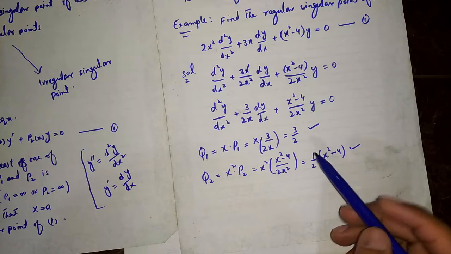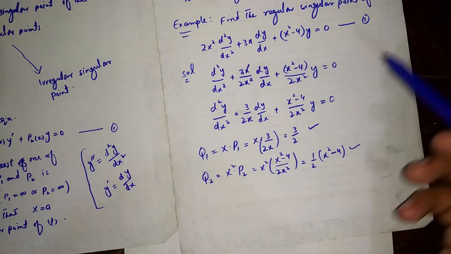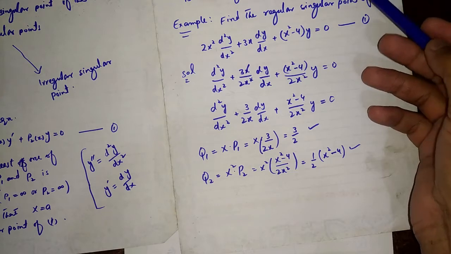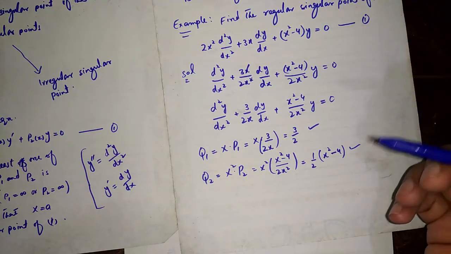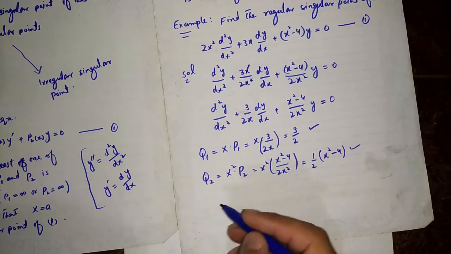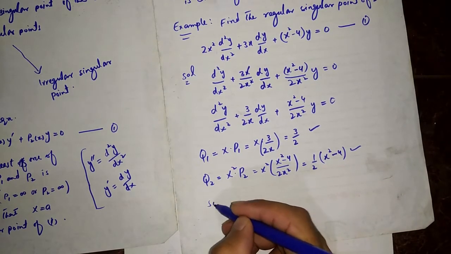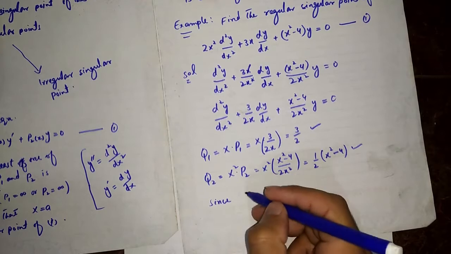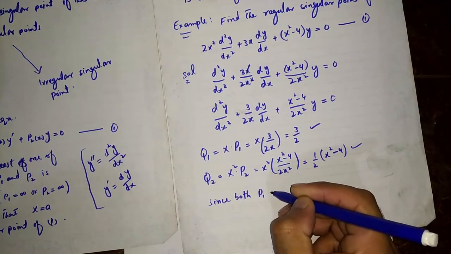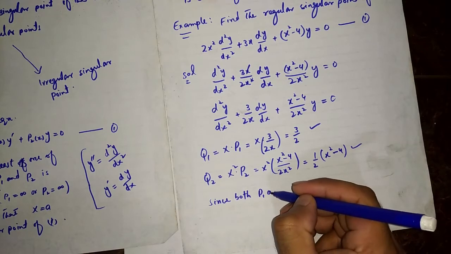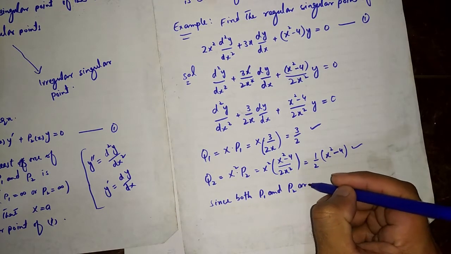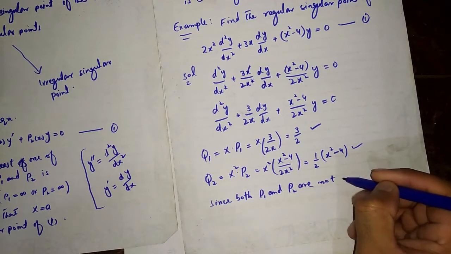So by putting x equals to a or x equals to 0, we see from q1 and q2 that both p1 and p2 are not analytic.